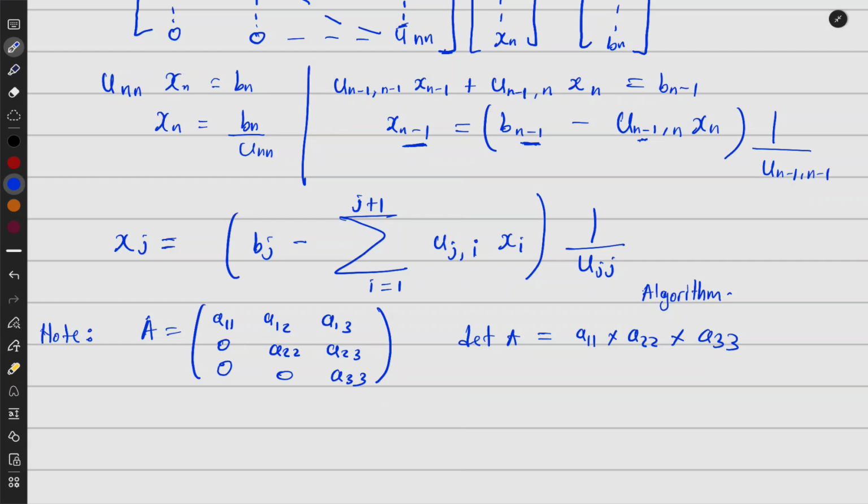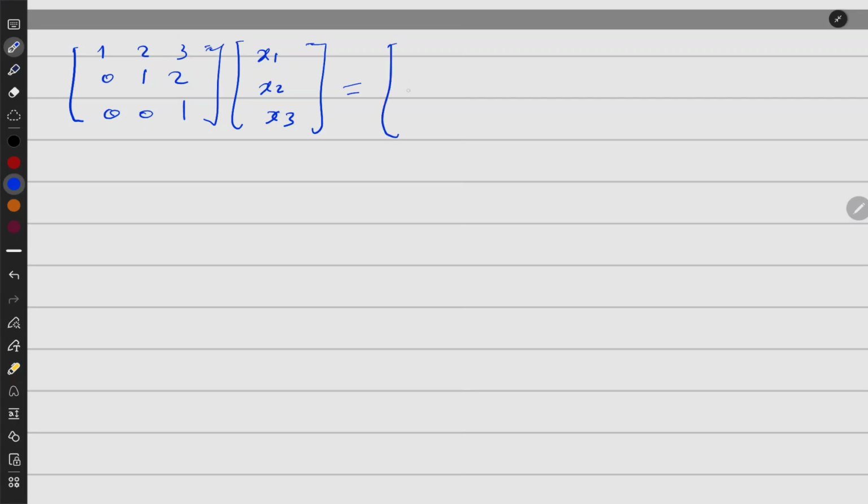Okay, so you can try out this example and see using the algorithm that we have developed. If I have my 1, 2, 3, 0, 1, 2, 0, 0, 1, and you multiply it with x1, x2, x3, and let's say it gives you 4, 5, 6, something like that.